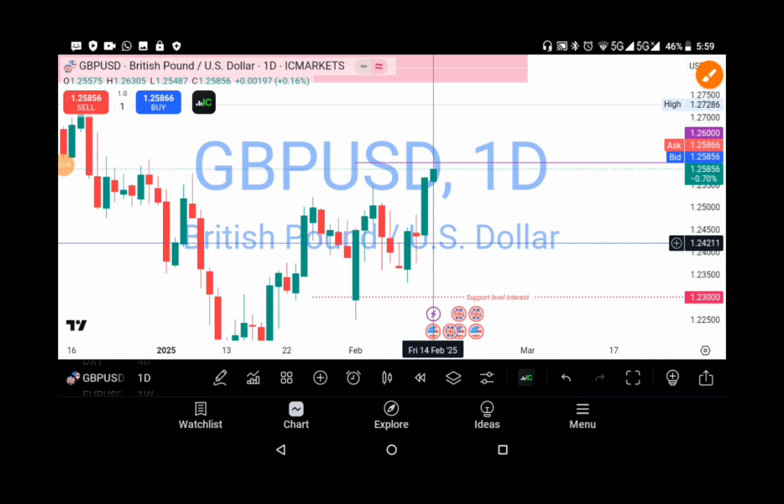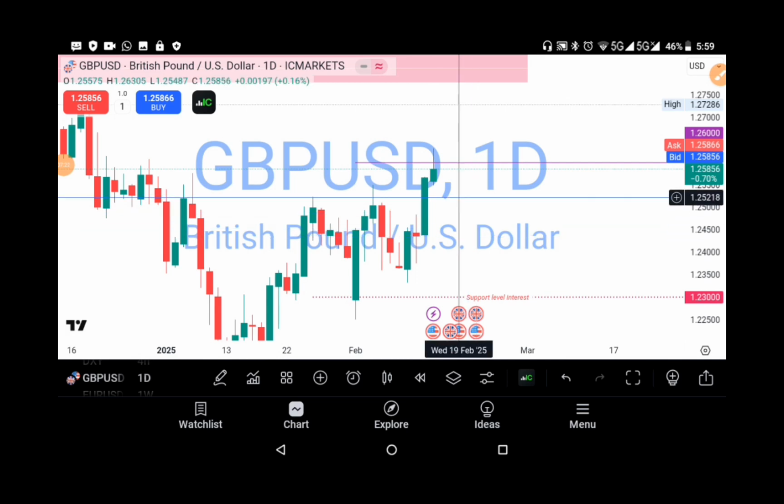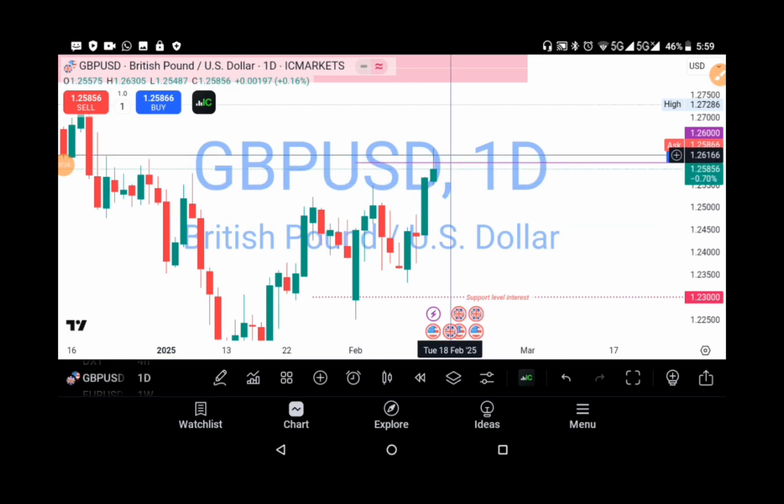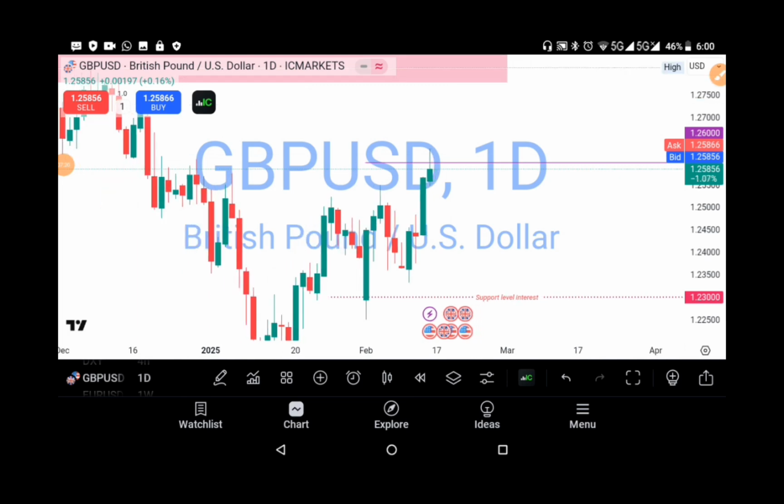So the level I had in mind has been taken, while I expect 1.23 thousand to serve as a support, and it still remains a support to the price.